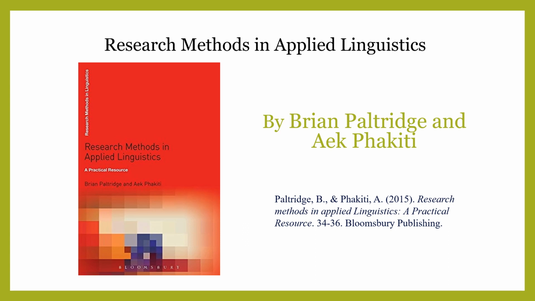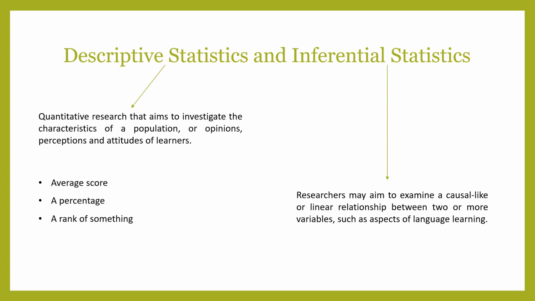And now the last book, that is Research Methods in Applied Linguistics by Brian Paltridge and Aek Phakiti. You remember that I mentioned that statistics is one of the most important characteristics of quantitative research. Well, there are two types of statistics. We can see quantitative research that aims to investigate the characteristics of a population or opinions, perceptions, and attitudes of learners.